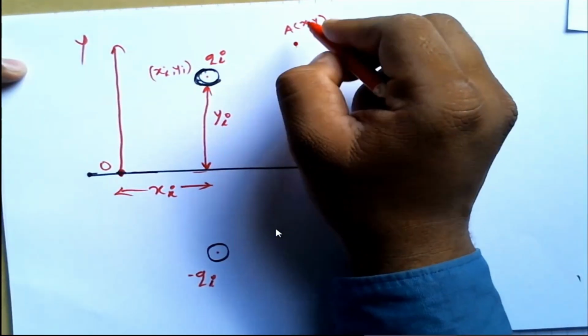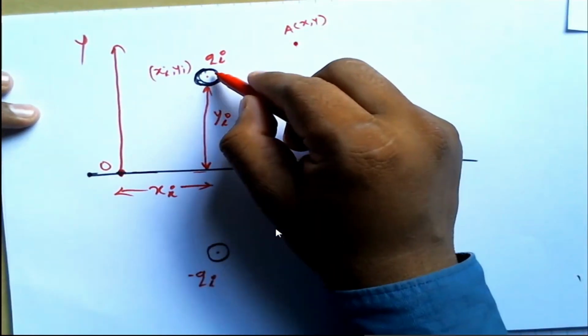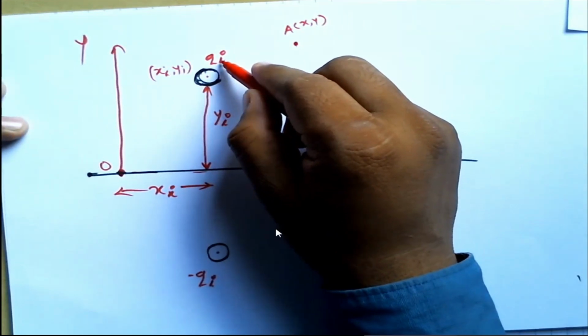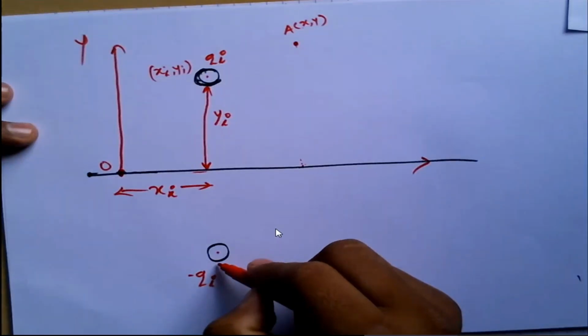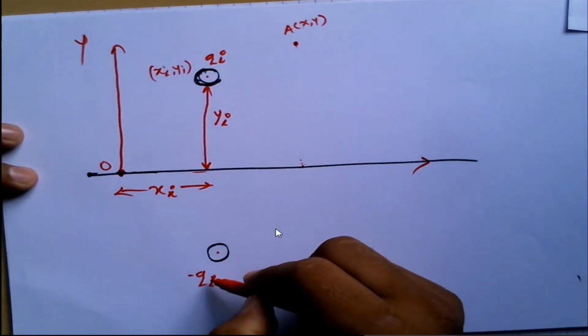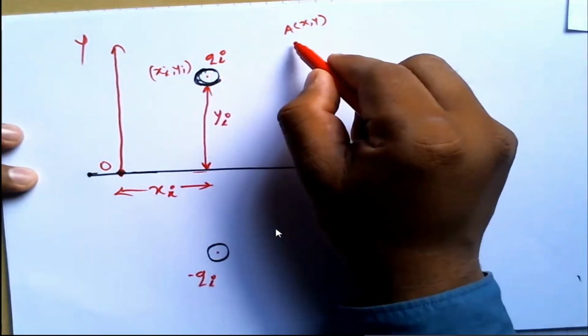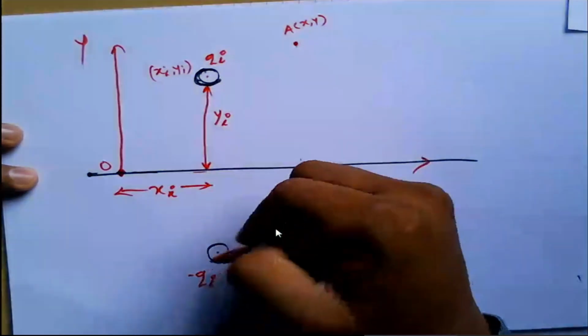Now, as I told you, this conductor is carrying charges qi and its image is carrying charges minus qi. The electrostatic field present over here, it will be due to qi as well as minus qi.